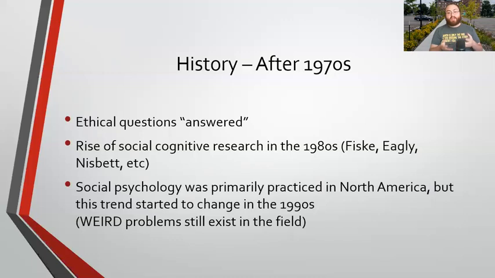But it rose back to prominence in the 1980s. Social psychology benefited from this change with the rise of social cognitive research. And many of those famous social cognitive researchers, some that I've got listed on the slide here, are still today the experts in this area that we'll discuss in class.